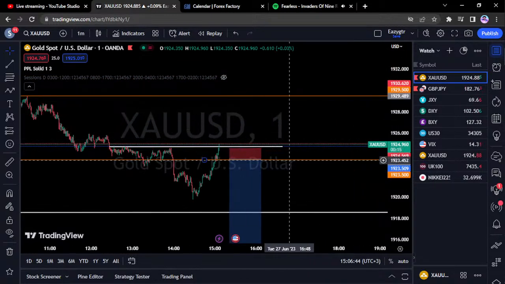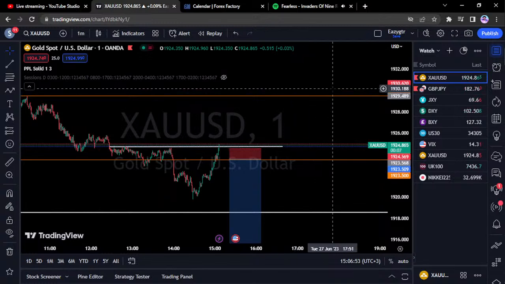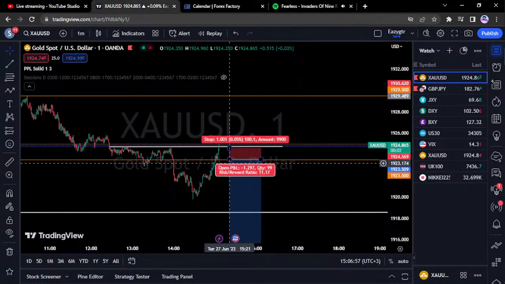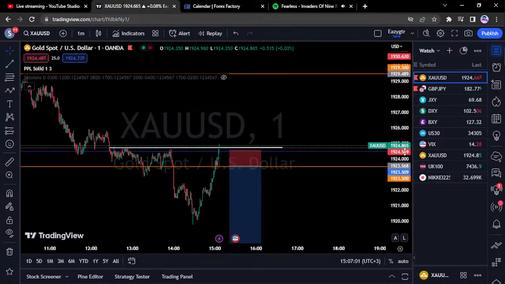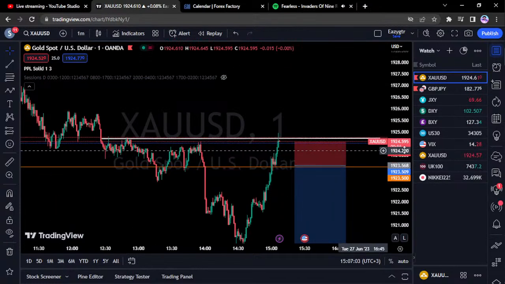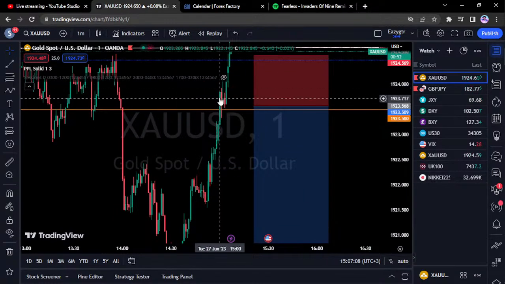Let's patiently wait. So we are currently not in any trade because price didn't align with what we were expecting at the 1923.500 key level. As you can see, price impulsively broke and never closed back.